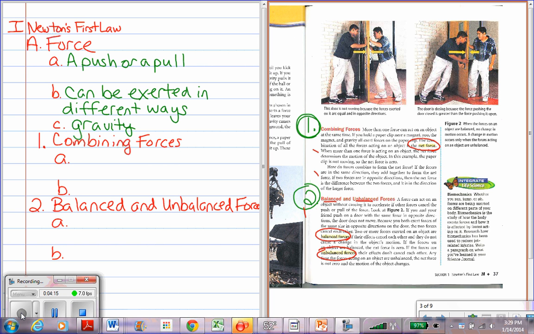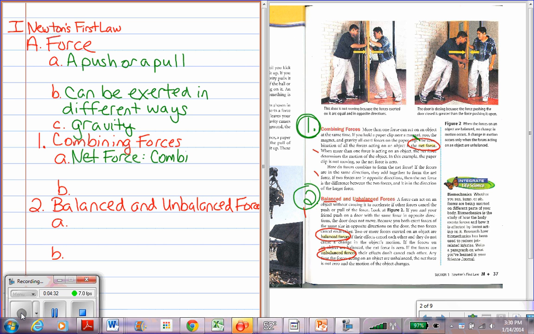Okay, so we have a definition. What is the definition? It is the combination of all forces acting on an object. Net force is the combination of forces acting on an object.